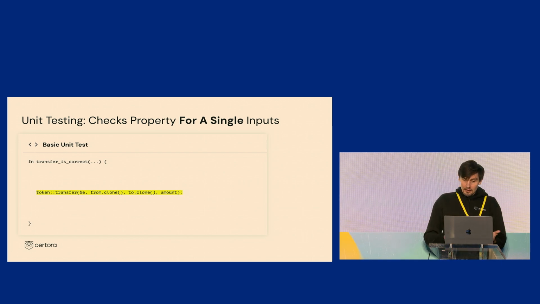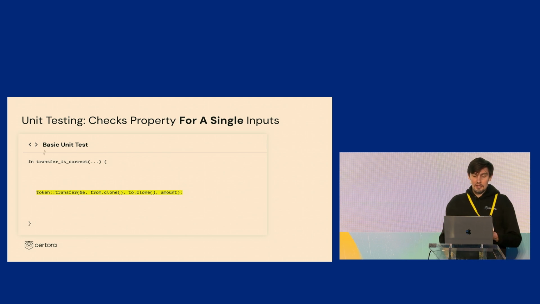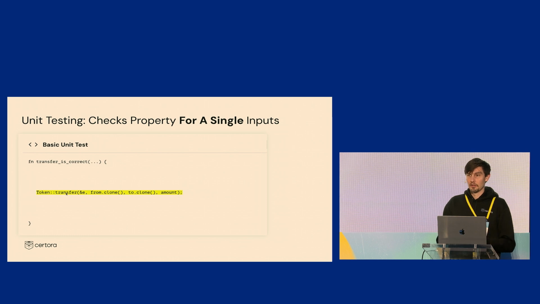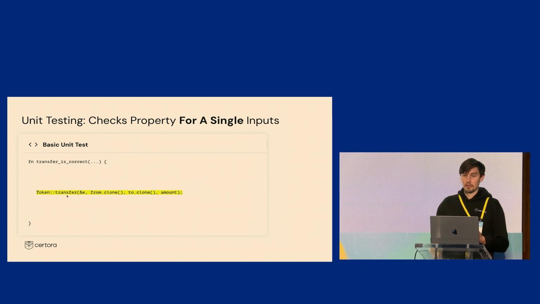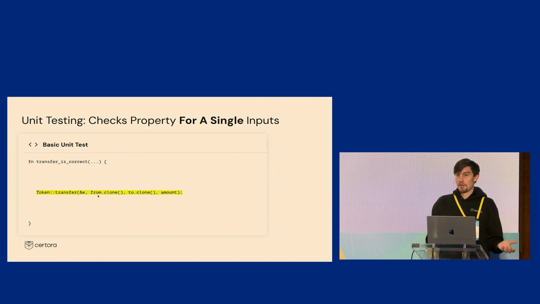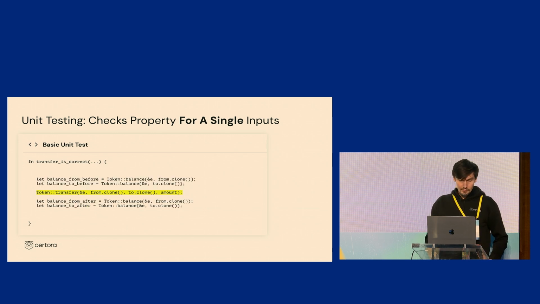Here is a basic unit test for the transfer function of an ERC20 token. The transfer takes a from address, a to address, and an amount you want to transfer. It's a transfer of balance from one account to the other.